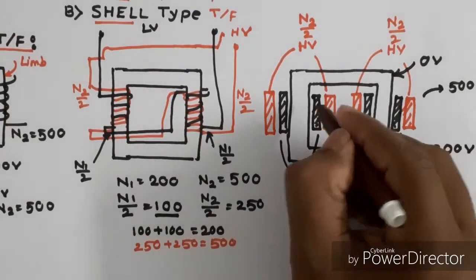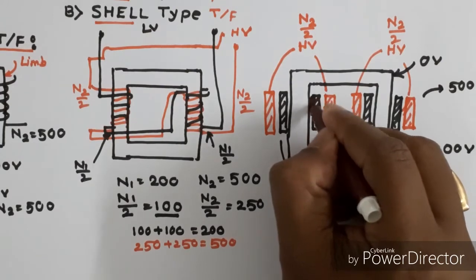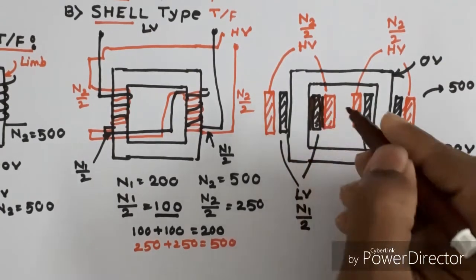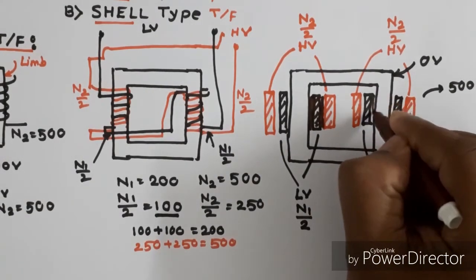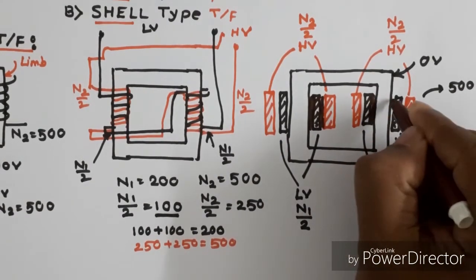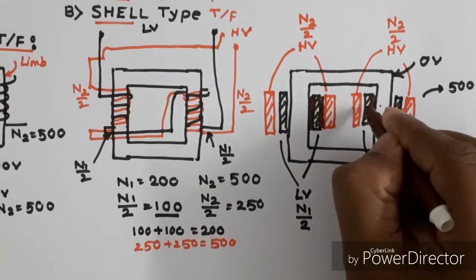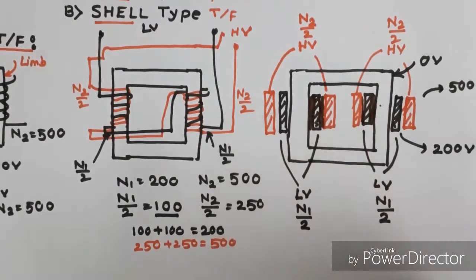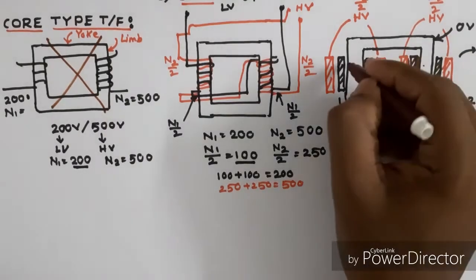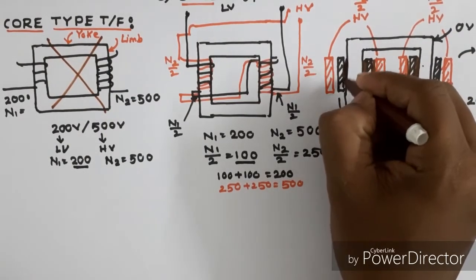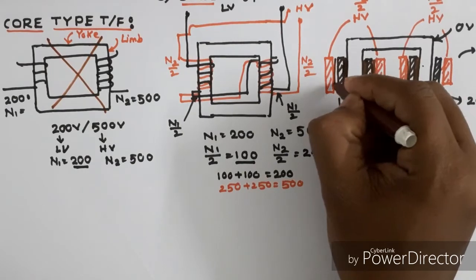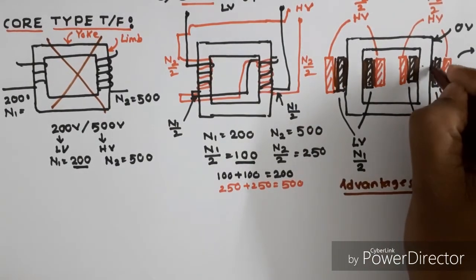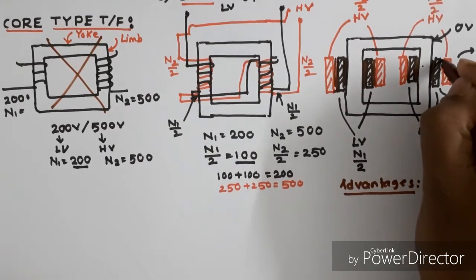So there will be insulation between the core and LV winding, and insulation between LV and HV. Similarly in the other leg, there is insulation between the core and LV, and between LV and HV.